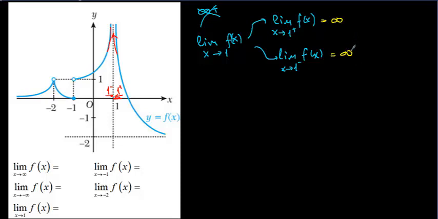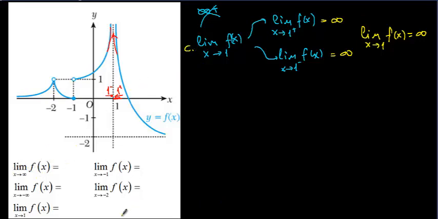The left-sided limit and right-sided limit are the same value; they are both going to infinity. That's why the limit as x goes to 1 of f(x) is equal to infinity. If you remember, if the left-sided limit is equal to the right-sided limit, the limit exists, and it is equal to that value. Okay, now I will continue with the first one here.